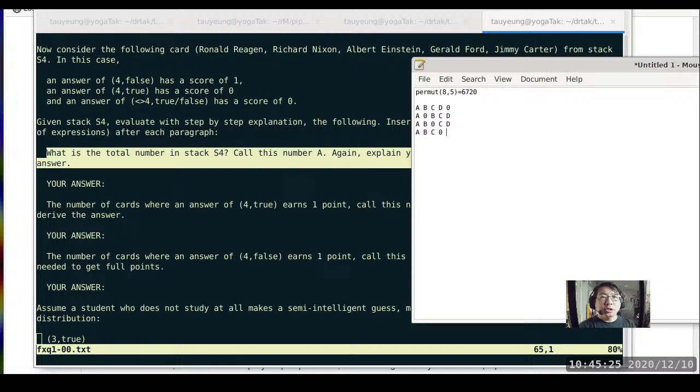I'm just changing the location of the non-president among the five. So we actually have, guess what? 5 variations. Given the same permutation of the 4 presidents, the location of the non-president would generate 5 variations.